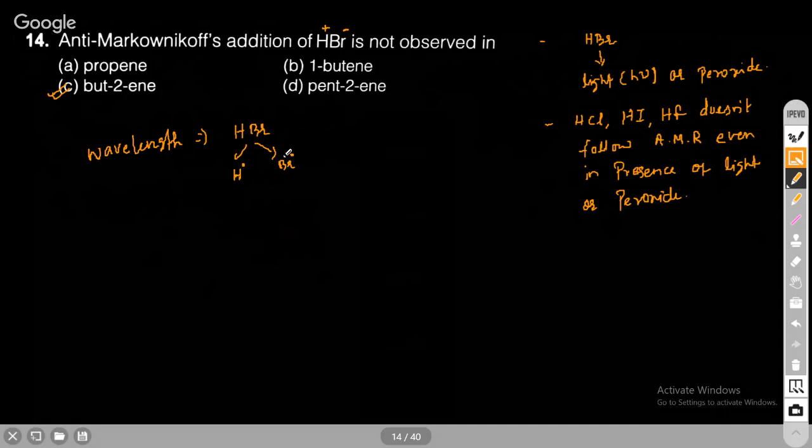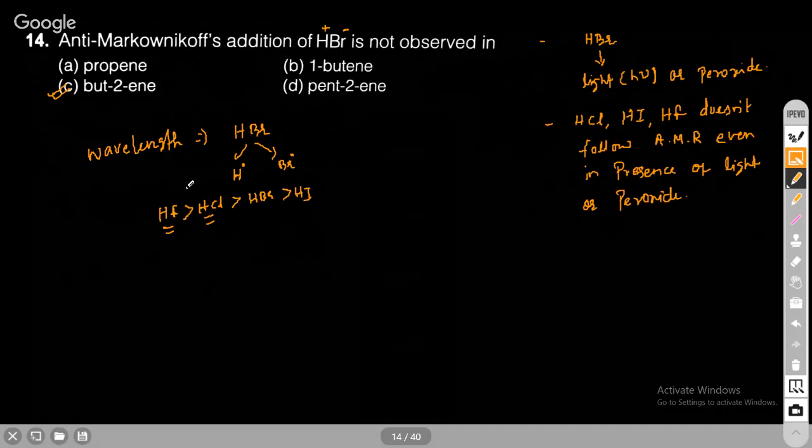But in case of HF, HCl, HI, what happens? The bond strength order, if you see, is maximum for HF, then we have HCl, then HBr, and then HI. Relative bond strength is this, right? So for HF and HCl the bond strength is too high, so they do not break in presence of light.